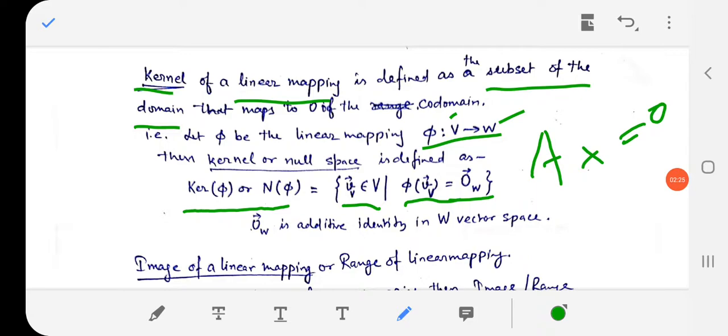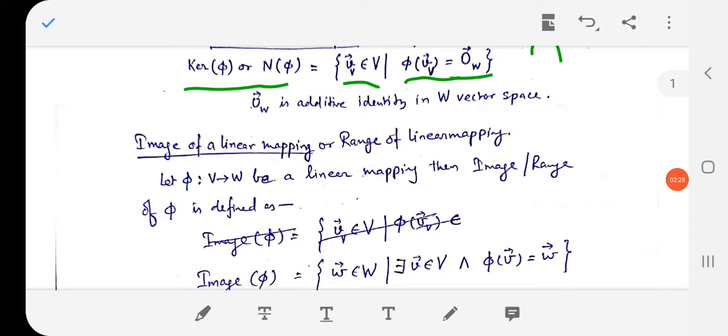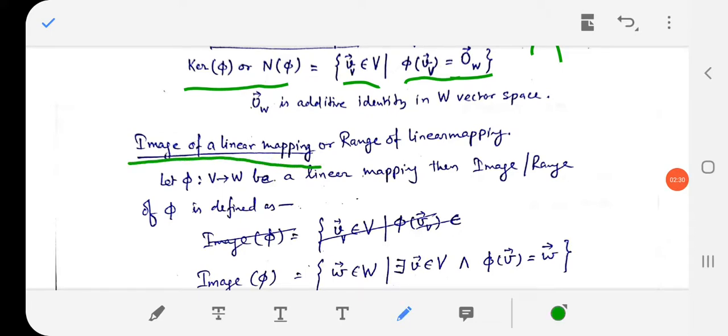And let us move towards another term called the image of a linear mapping.